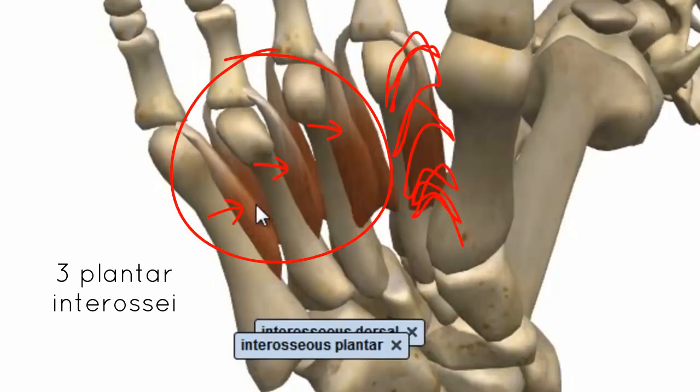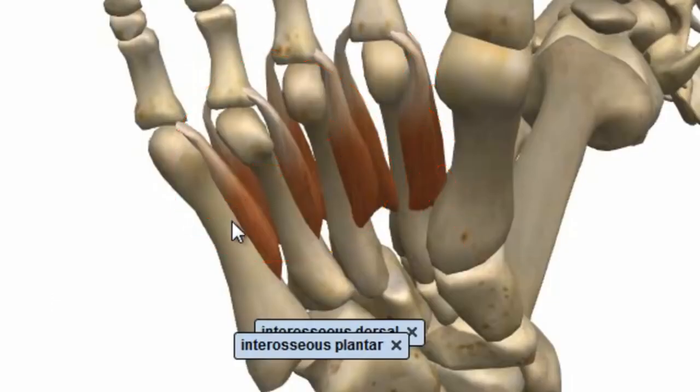These 3 plantar interossei muscles originate on one side of metatarsals 3 to 5, so this is 3, 4 and 5, and they originate medially on the sides of these metatarsals. These plantar interossei muscles are unipennate, so they only originate on one side of the metatarsals.